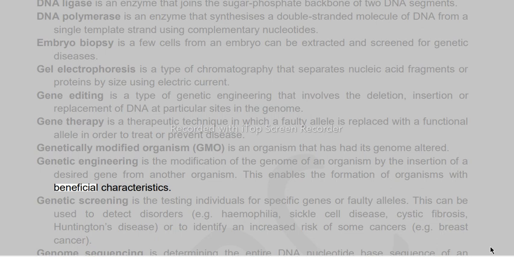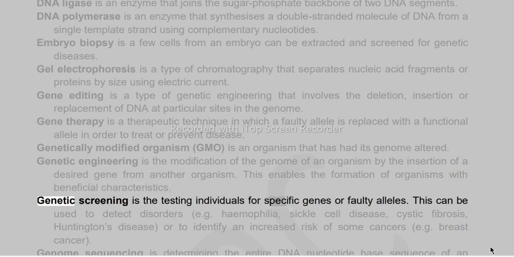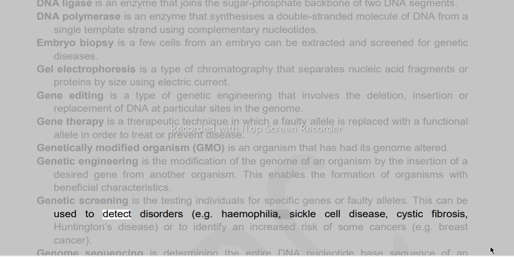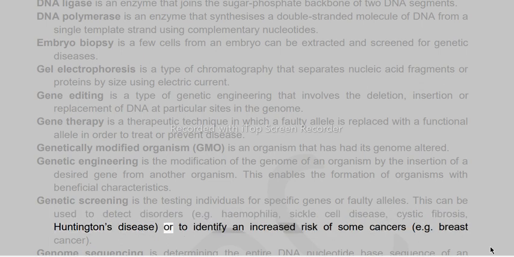beneficial characteristics. Genetic screening is the testing of individuals for specific genes or faulty alleles. This can be used to detect disorders, e.g. hemophilia, sickle cell disease, cystic fibrosis, Huntington's disease, or to identify an increased risk of some cancers, e.g. breast cancer.